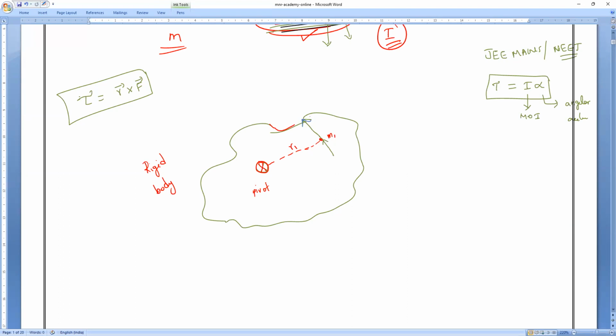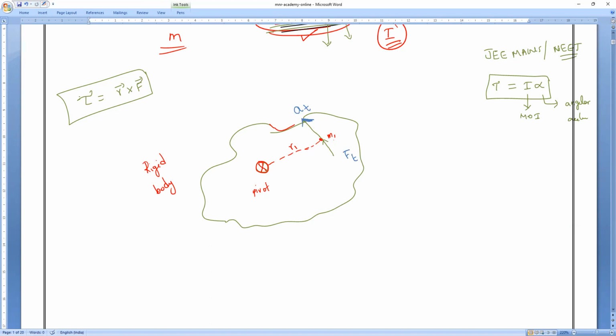This is the direction of acceleration. Is it centripetal or tangential acceleration? It is tangential, and the force is also tangential.